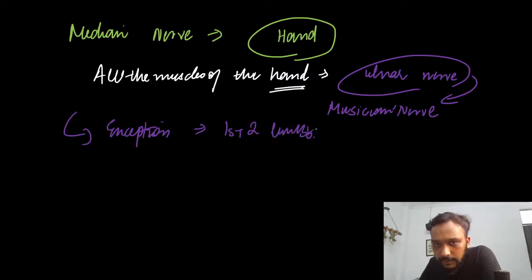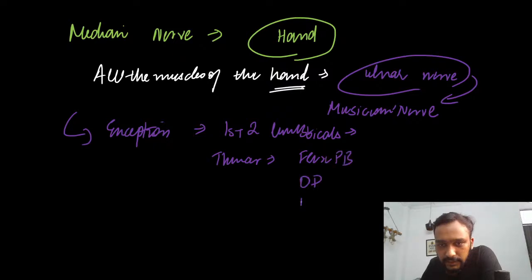These are supplied by the median nerve, right? And then the muscles of the thenar eminence, which include your flexor pollicis brevis, opponens pollicis, and abductor pollicis brevis, are all supplied by your median nerve.